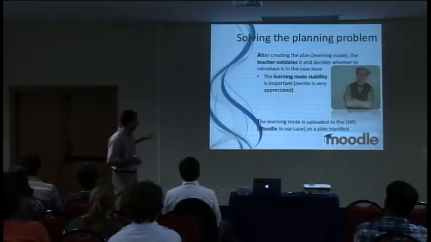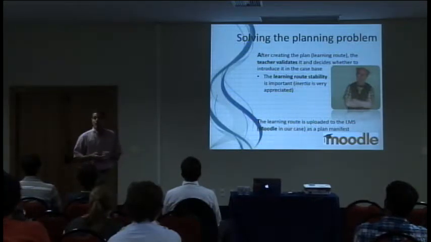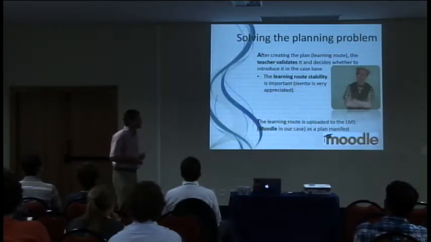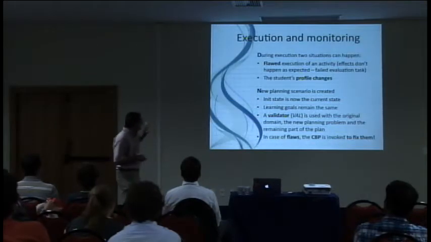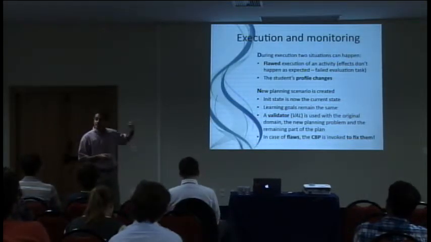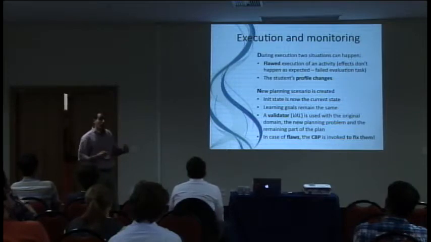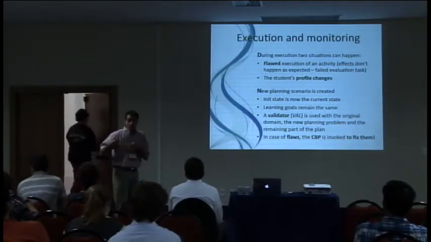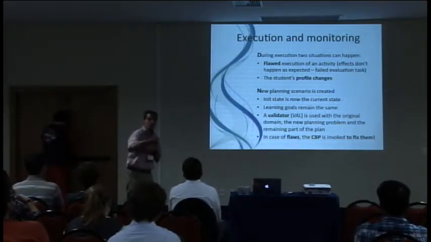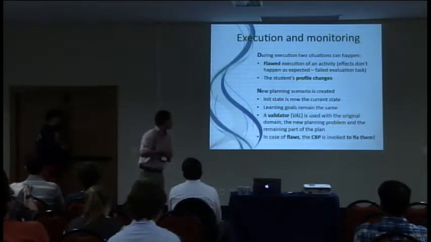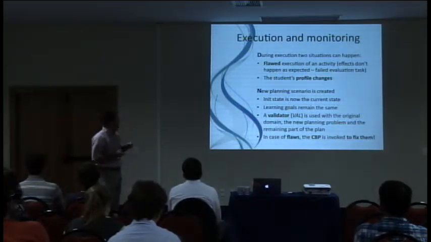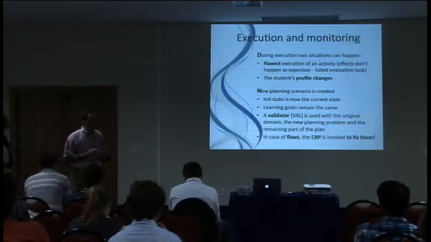And what we've done in this case is to use Moodle as our learning management system. When we are using this kind of system, we are playing the learning objects. And this means running all the learning objects and being able to monitor them. During the execution, there are two situations that can happen.